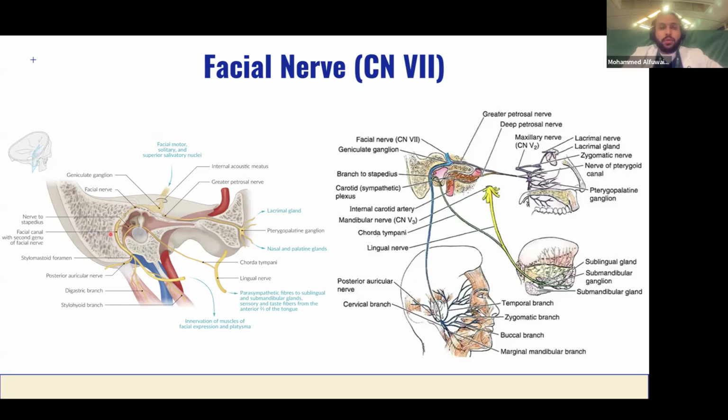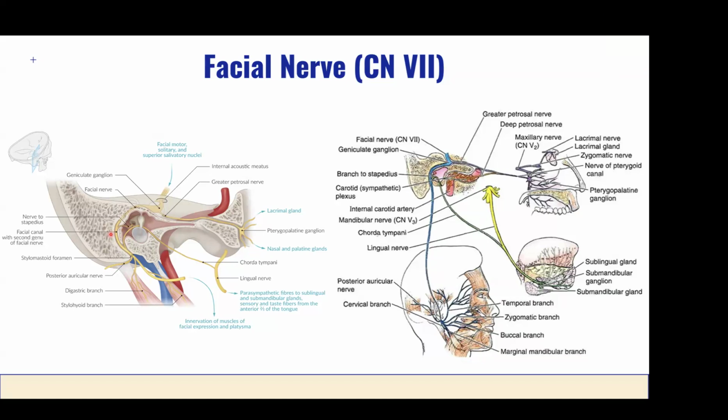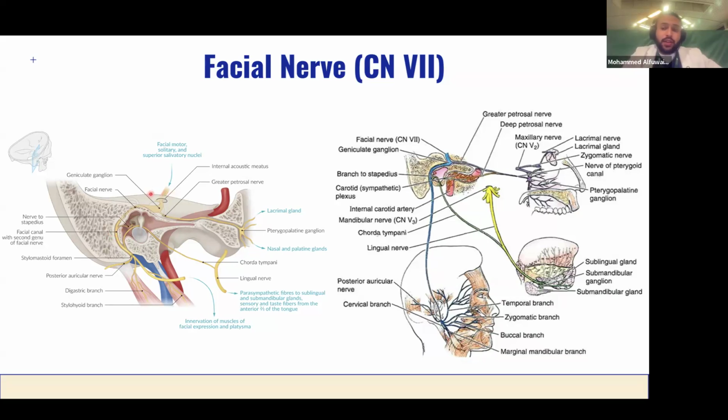Will they have difficulty moving their facial muscles? Yes. Will they have difficulty tasting? Yes, but everything else is normal. If it's at the internal acoustic meatus or at the level of the pons, right outside of the pons, such as the cerebellopontine angle, let's say there's a huge meningioma there, then yes, everything will be damaged.